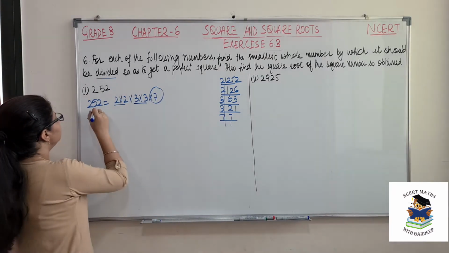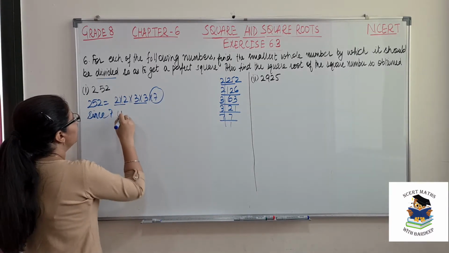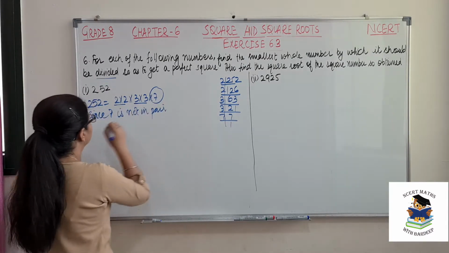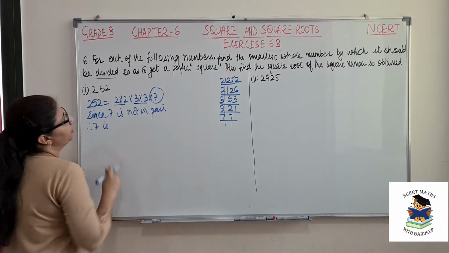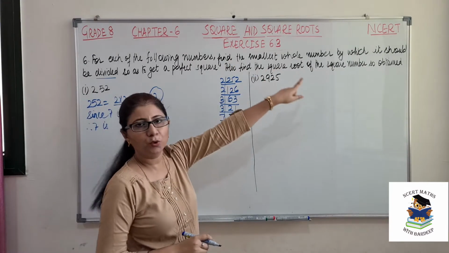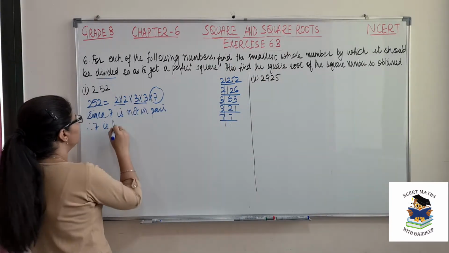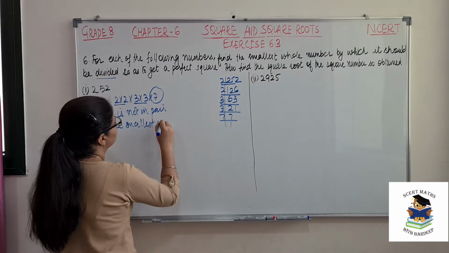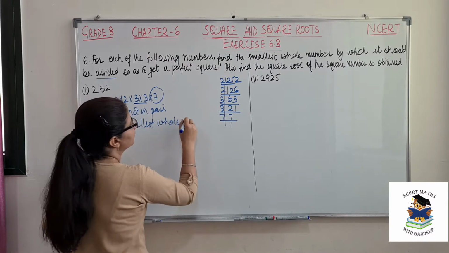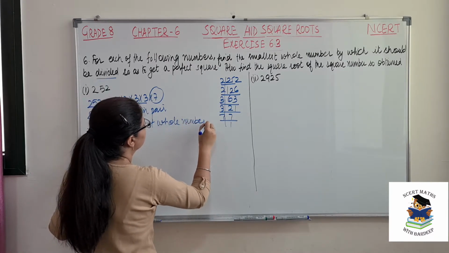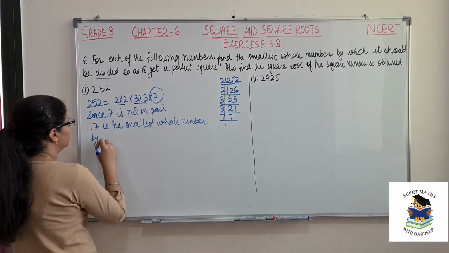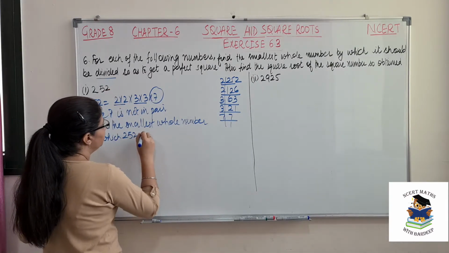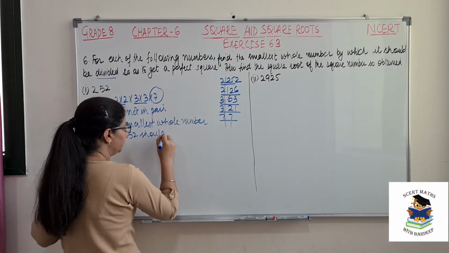So we will write: since 7 is not in pair, therefore 7 is the smallest whole number, as they have asked, by which 252 should be divided.